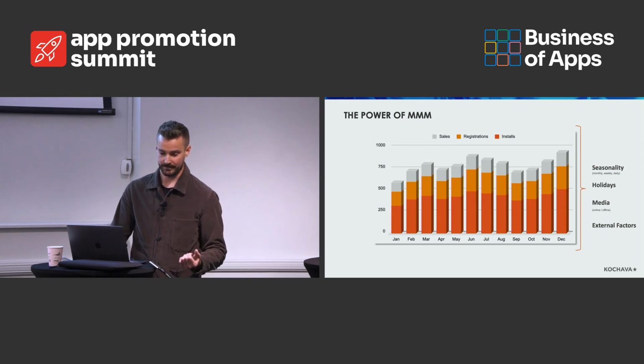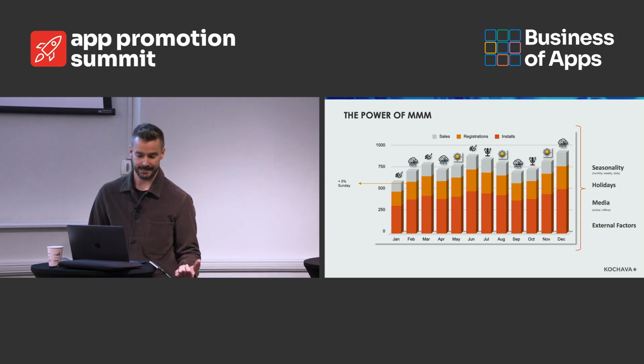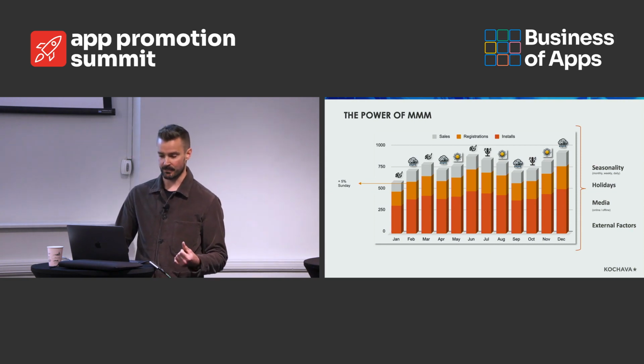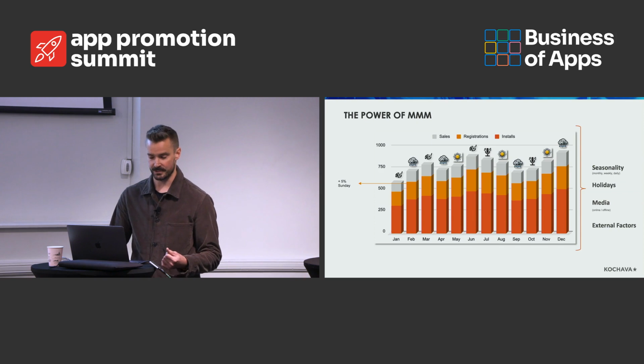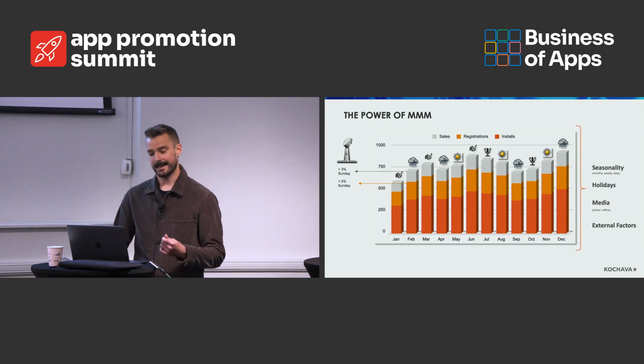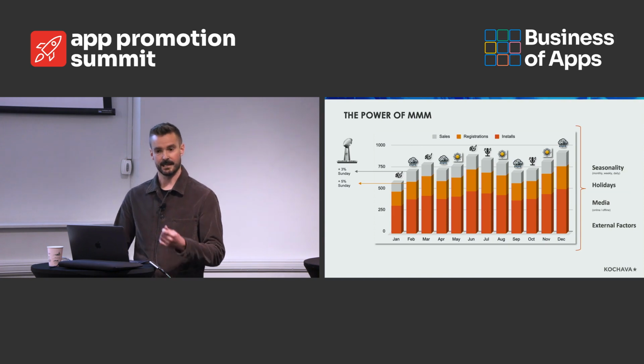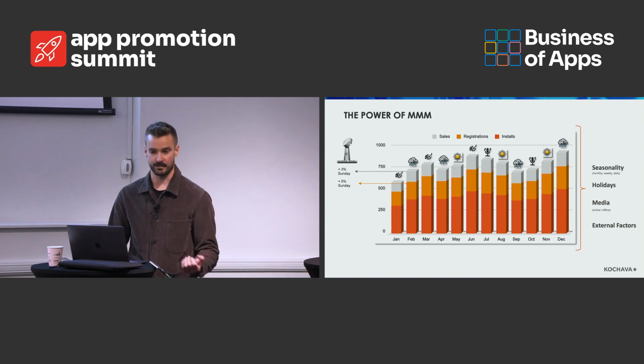So what does this mean? For example, if the model detected a 5% increase in registrations on the second Sunday in February and a 3% increase in sales, and it had prior knowledge that that was the day the Super Bowl was on, it would attribute those sales to the Super Bowl.